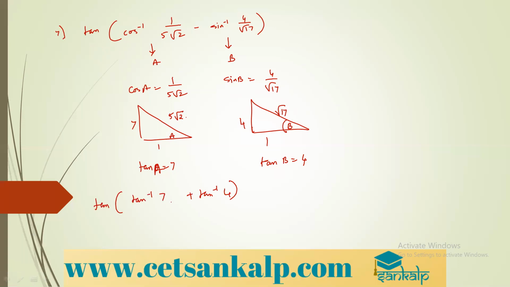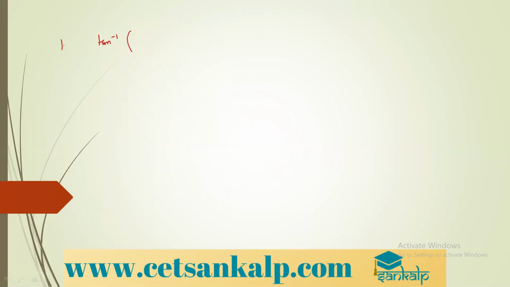Tan is outside, then you can use tan inverse x plus tan inverse y. Keeping tan outside, tan inverse of x plus y by 1 minus xy. So that will be 11 by minus 27.